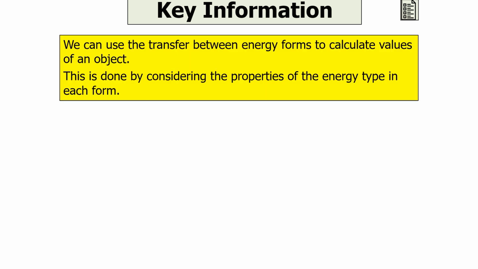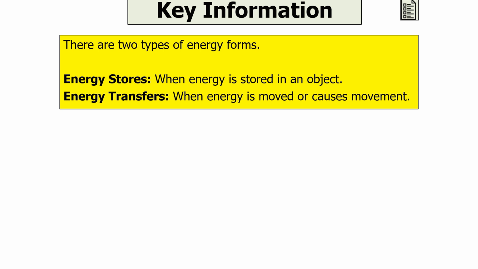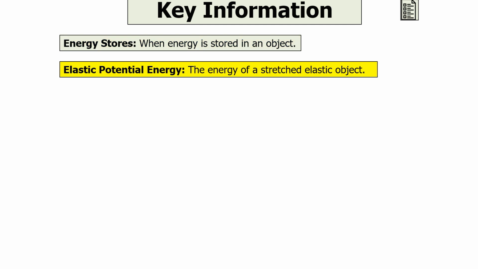Now we can use the transfer between energy forms to calculate values of an object, and this is done by considering the properties of the energy type in each form. Now there are two types of energy forms: energy stores, where energy is stored in an object, and energy transfers, where energy is moved or causes movement. So if we think of our energy stores first, we have elastic potential energy, the energy caused by the stretching of an elastic object.